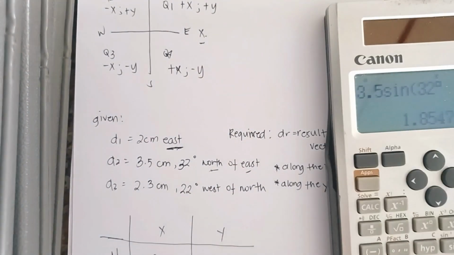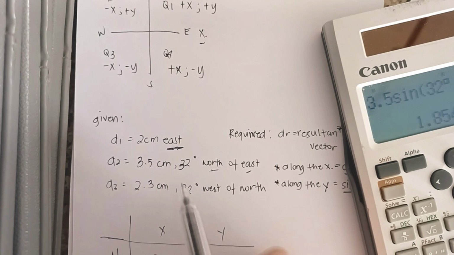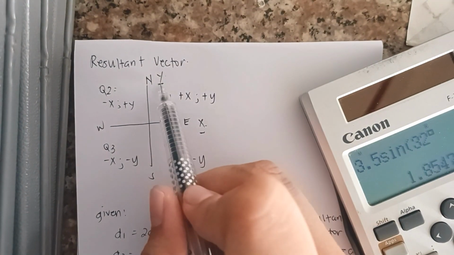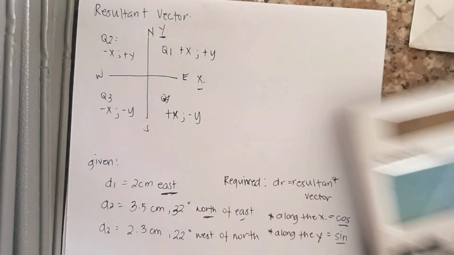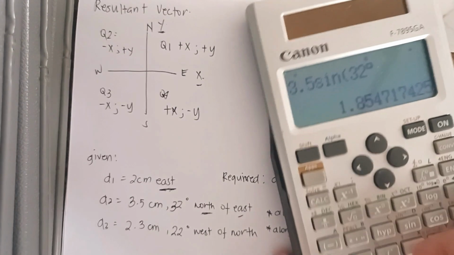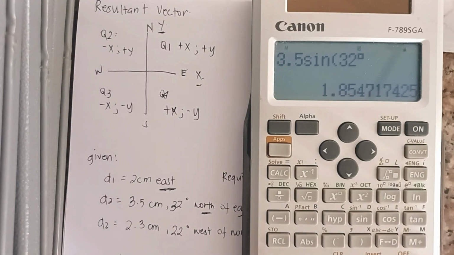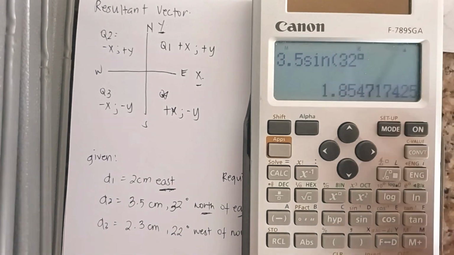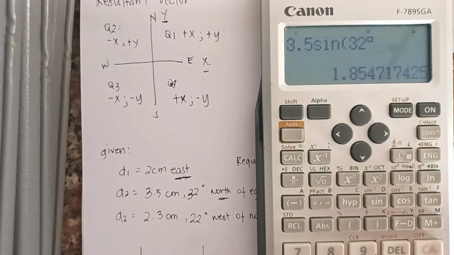Maliwanag po ba? Again, for the D2, meron po siyang north. Ang north ay along the y-axis. Pag along the y-axis, we will use the sine. So, ang gagamitin natin ay 3.5 centimeters.